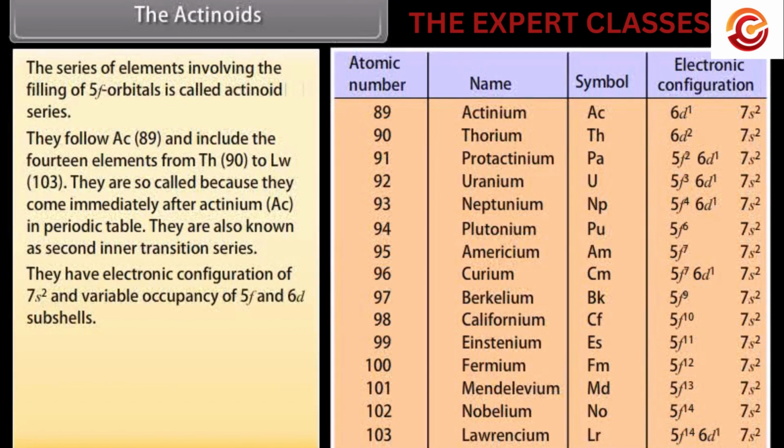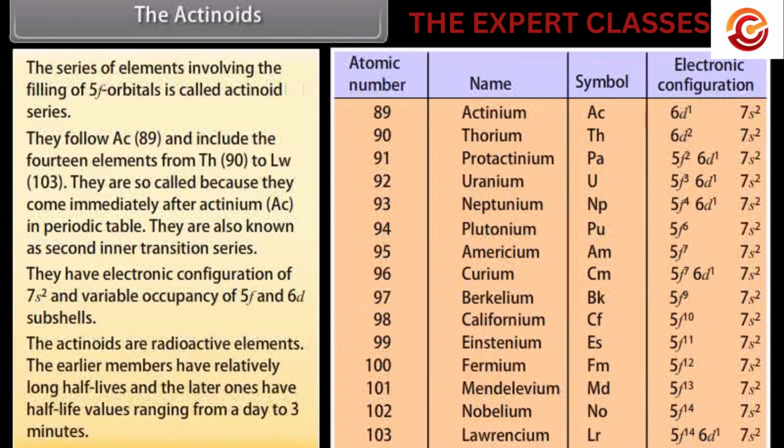They have the electronic configuration of 7s2 and variable occupancy of 5f and 6d subshells. The actinoids are radioactive elements. The earlier members have relatively long half-lives and the latter ones have half-life values ranging from 1 day to 3 minutes.